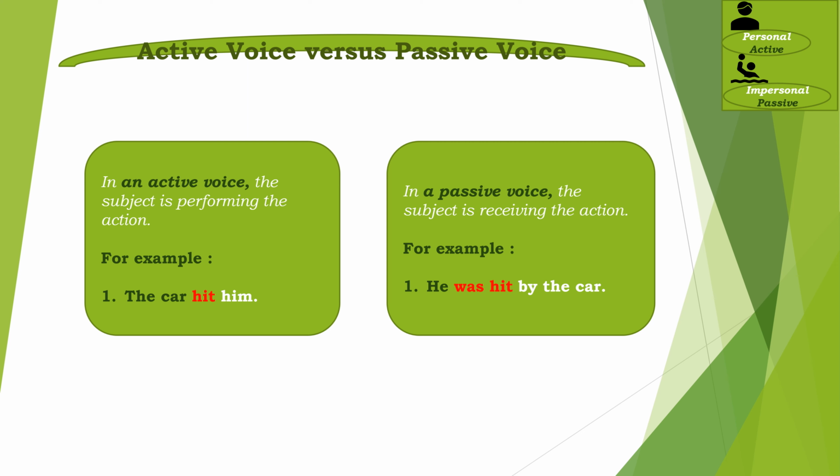In this sentence, the car is the subject. The car is performing the action of hitting. It is more important to know what hit him than who was hit by the car.